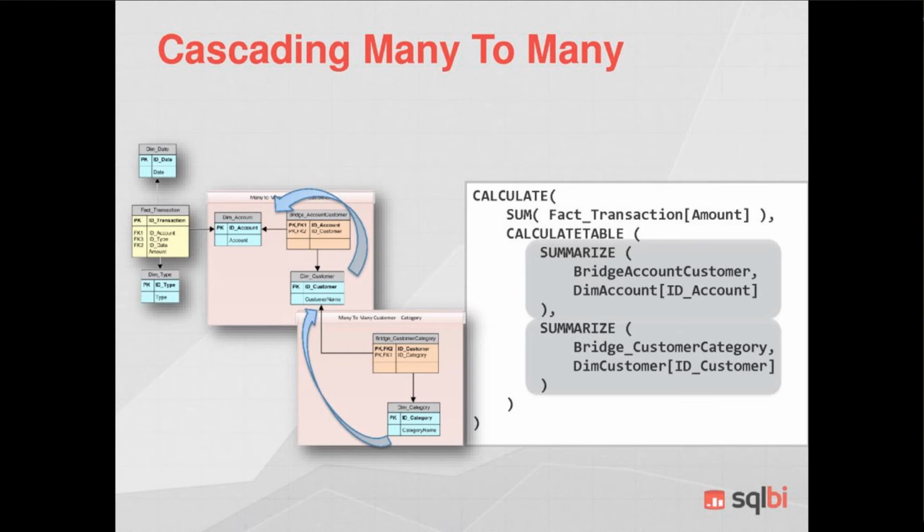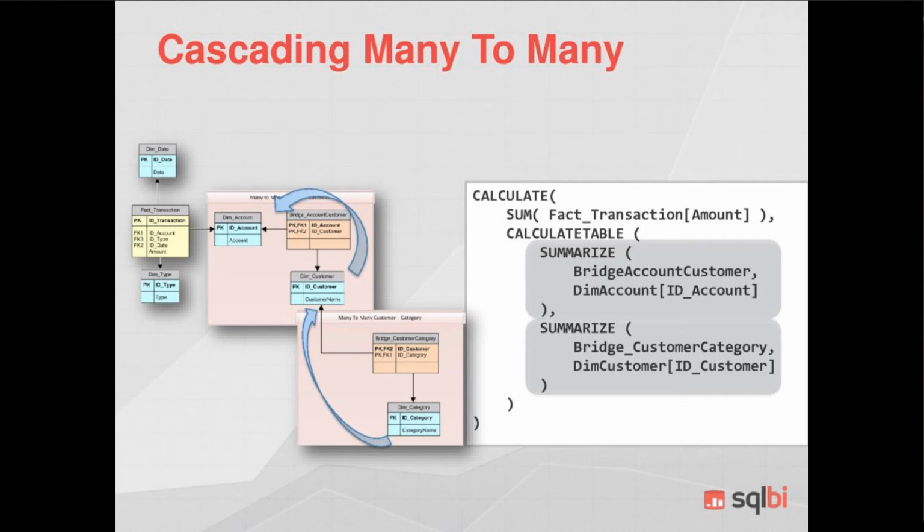We summarize the bridge customer category, this table, by dim customer ID customer, this table. So this box takes the filter from here and creates a filter there, and it's the first operation executed by DAX. Then once this summarize is in place, we will have filtered only the customers of that specific category. And then we do the second summarize that takes care of doing this second jump.